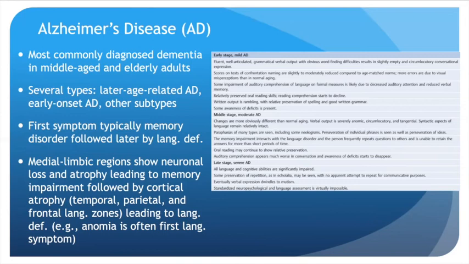The first symptom in Alzheimer's disease is typically a memory disorder, followed later by language deficits. In brain scans, patients with Alzheimer's disease sometimes show neuronal loss and atrophy of the medial limbic regions, leading to memory impairment, followed by cortical atrophy in the temporal, parietal, and frontal language zones, which lead to language deficits. But anomia is often the first language symptom to develop.